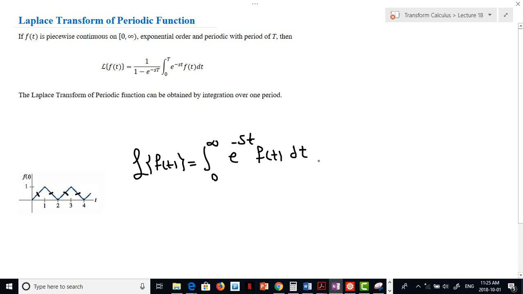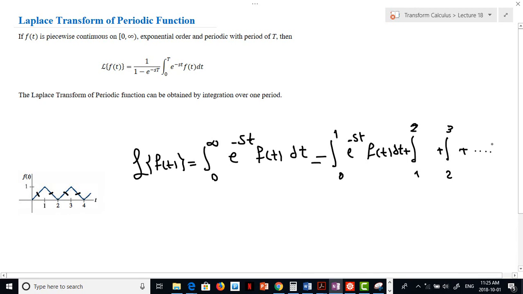As a result, if you want to find this integral, you have to find the integral from 0 to 1 of e to the power of minus st f(t) dt plus integral from 1 to 2 of e to the power of minus st f(t) dt plus integral of 2 to 3 plus and so on. So you cannot find this integral because it goes to infinity. So in this case, we have to use Laplace transform of periodic function, and we just look at one period.